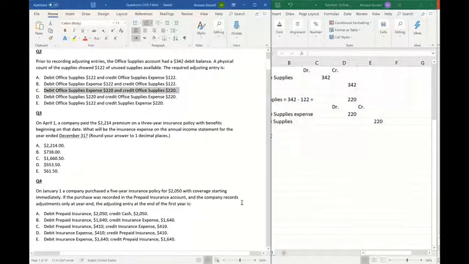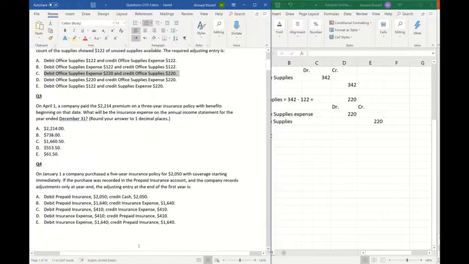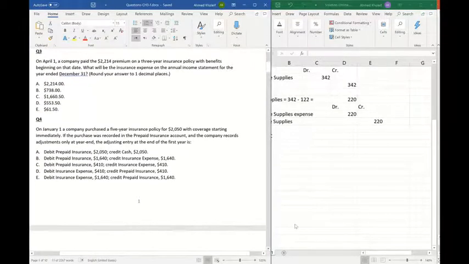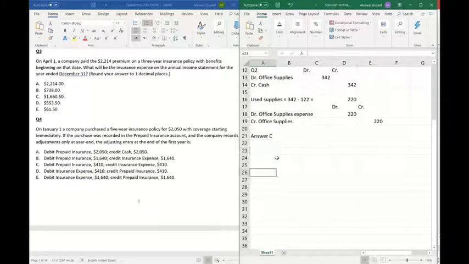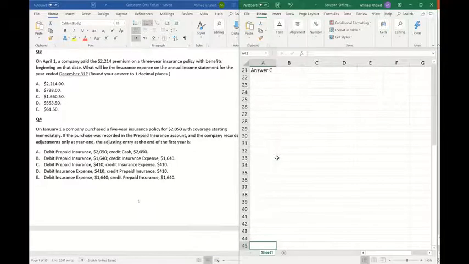Moving now to question 3. Question 3 is also about prepaid expenses.